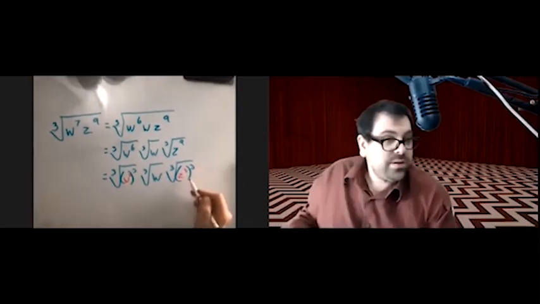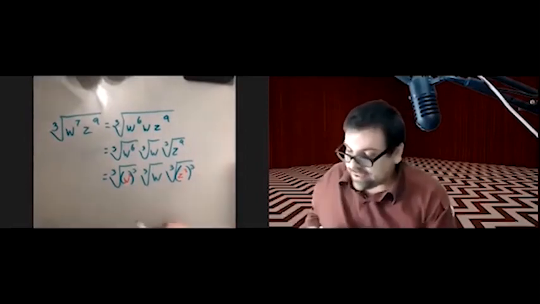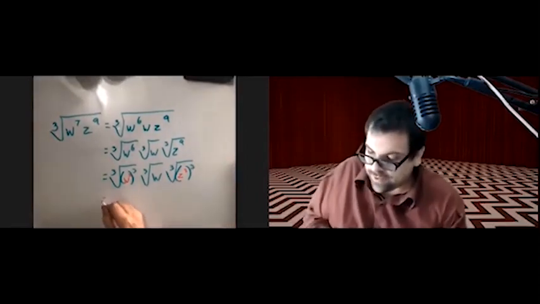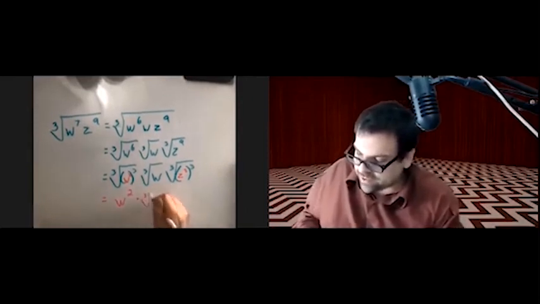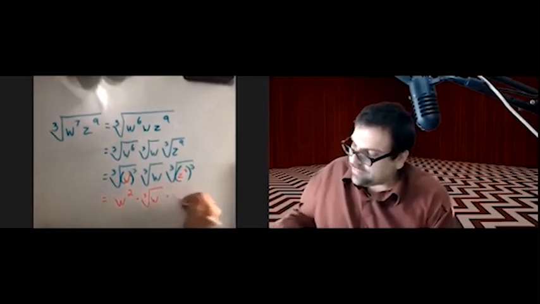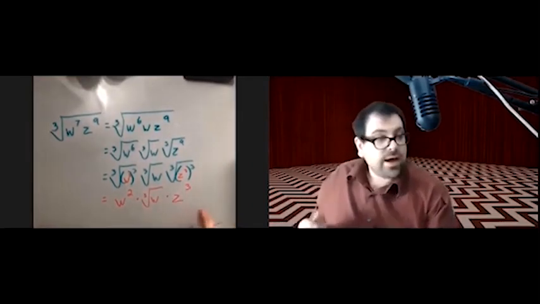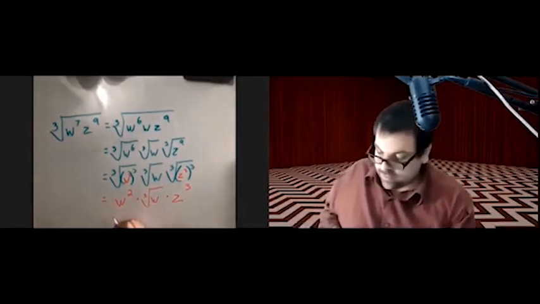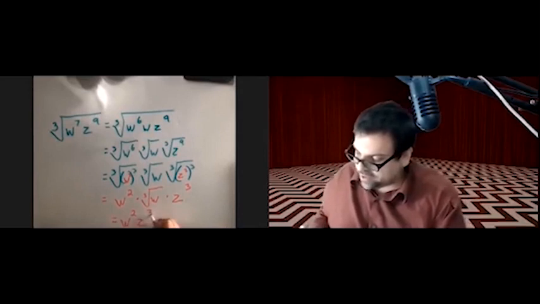Z cubed gives us z to the 9th. So this is w squared times the cube root of w times z cubed. And I'm going to go ahead and put the w squared z cubed in front of the cube root of w.